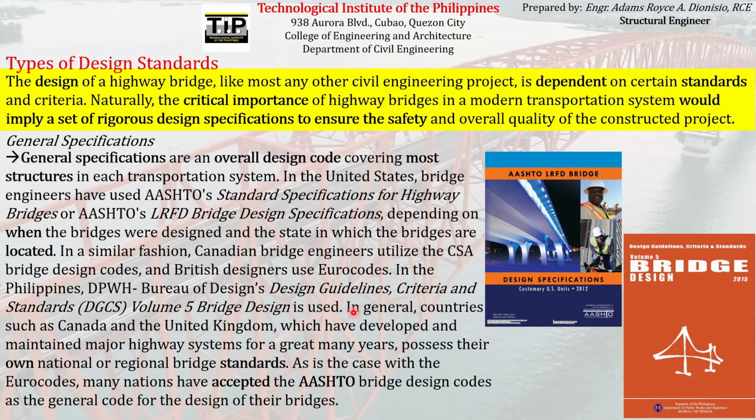In general, countries such as Canada and the United Kingdom, which have developed and maintained major highway systems for a great many years, possess their own national or regional bridge standards. As is the case with the Eurocodes, many nations have accepted the AASHTO Bridge Design Codes as the general code for the design of their bridges.